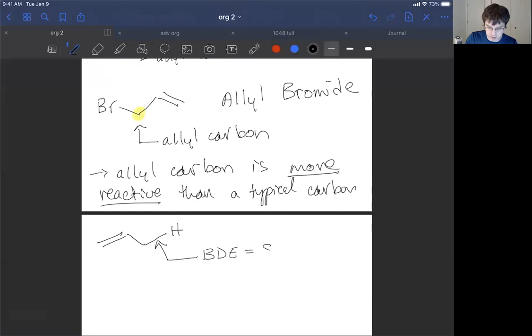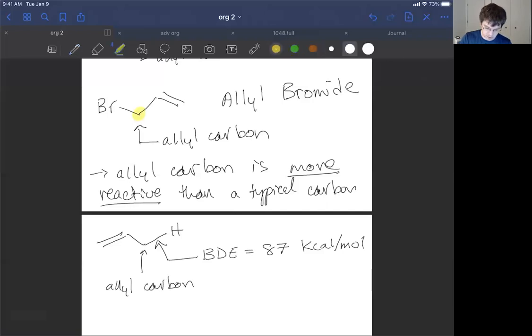We can quantify that by saying its BDE is 87 kcals per mole. Before we move on to the things we don't know, let's highlight the fact that this is our allyl carbon, and so I've picked an allyl hydrogen off of it to talk about.